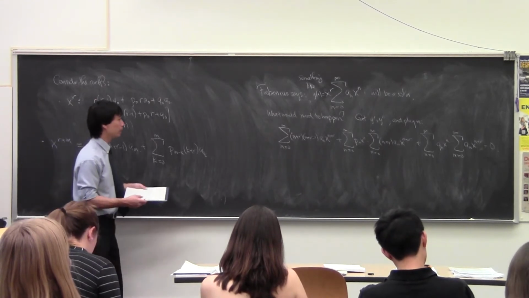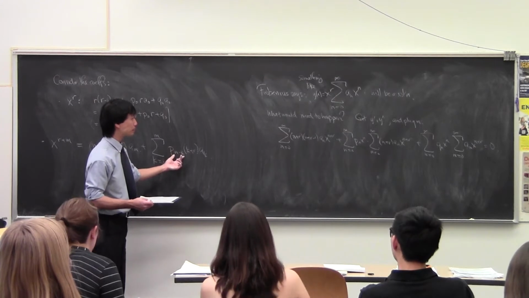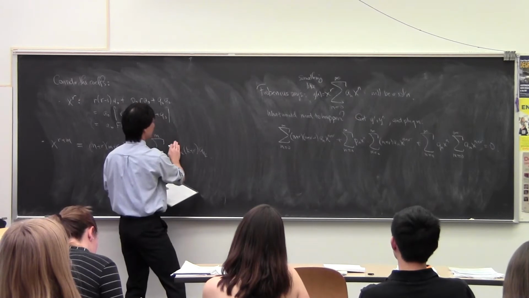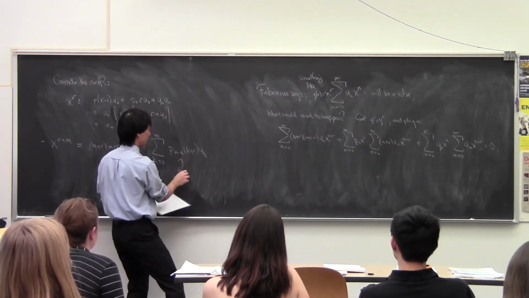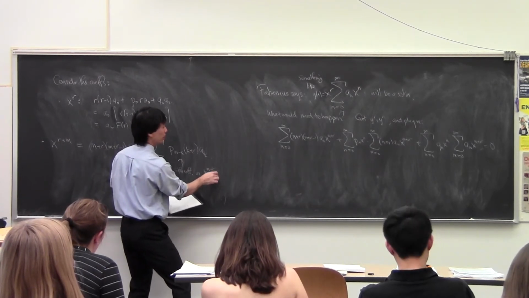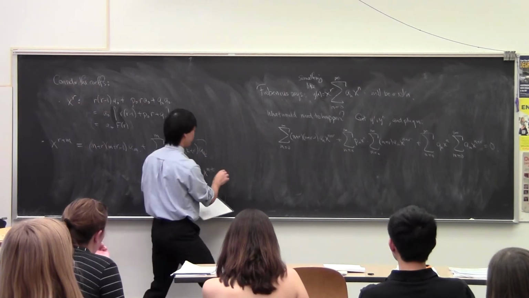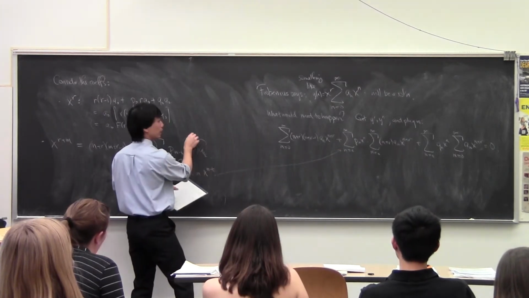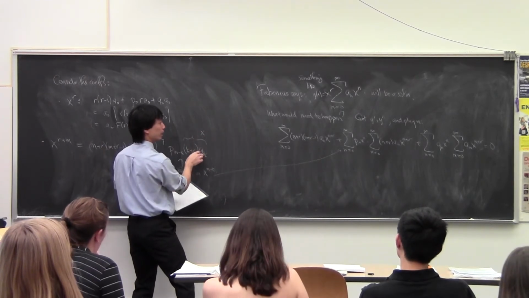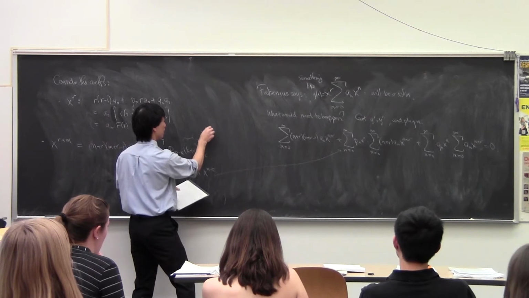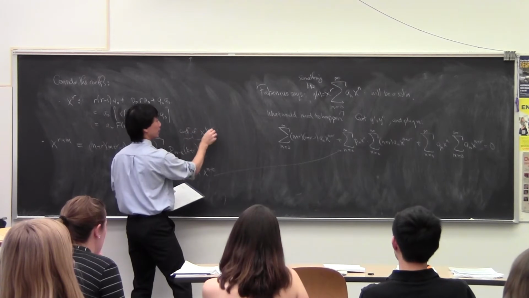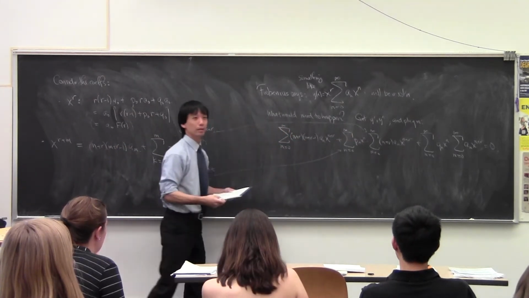This is the coefficient on x to the m minus k, and this thing here is the coefficient on x to the k plus r in the other.